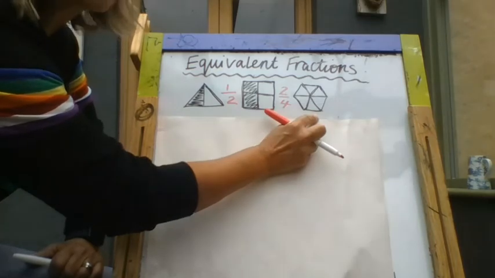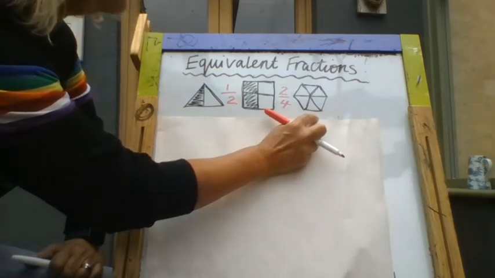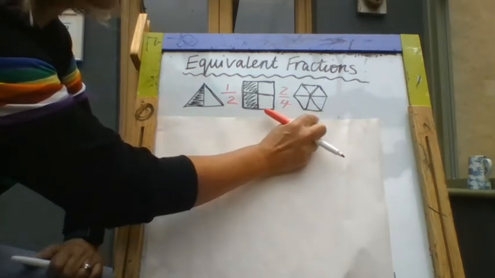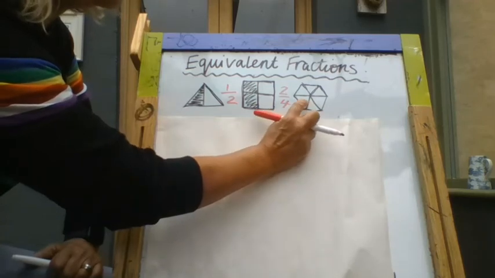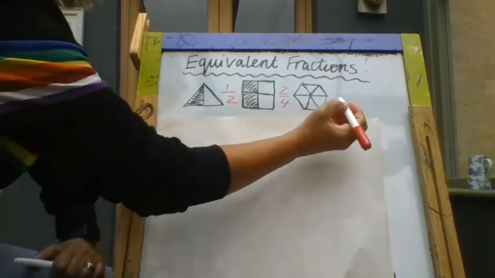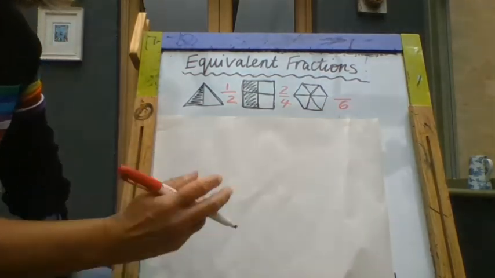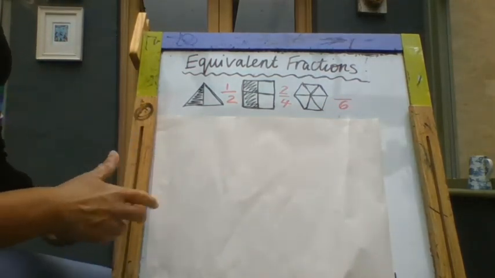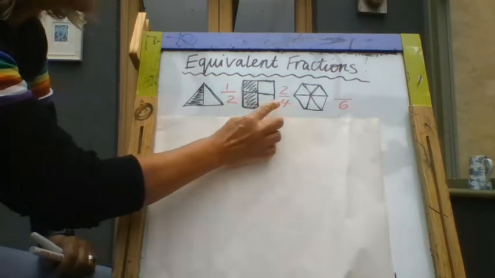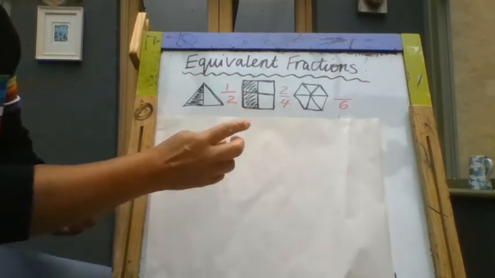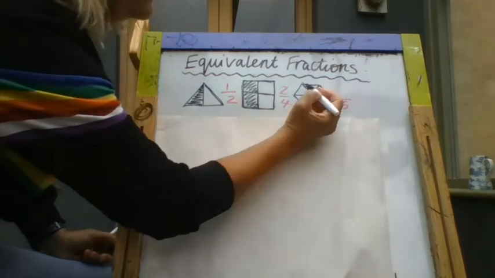Let's look at this third shape. This is a hexagon. I want to do the same thing again, but you can see that it's been split into 6 parts, so my denominator will be 6. But how many of those parts do I need to shade in to make it an equivalent fraction to this one and this one? Well, let's have a go.